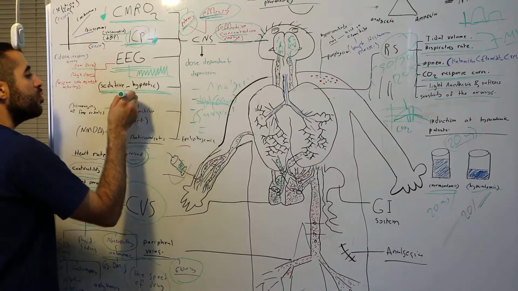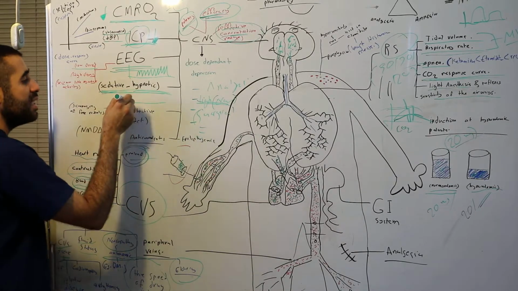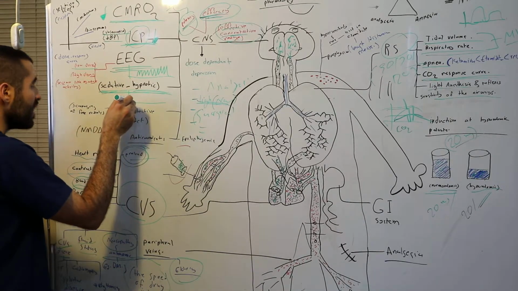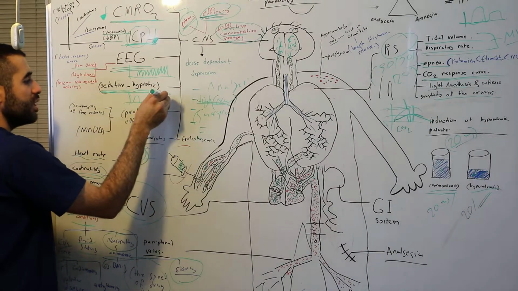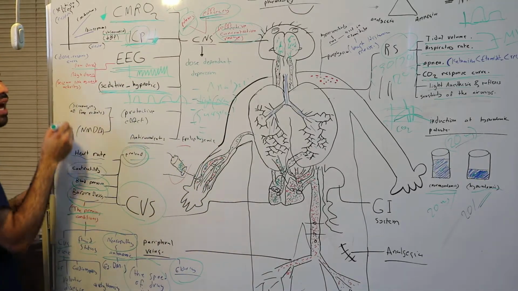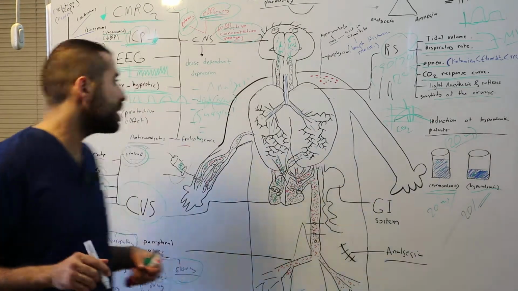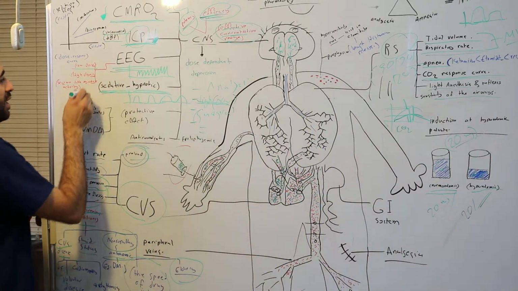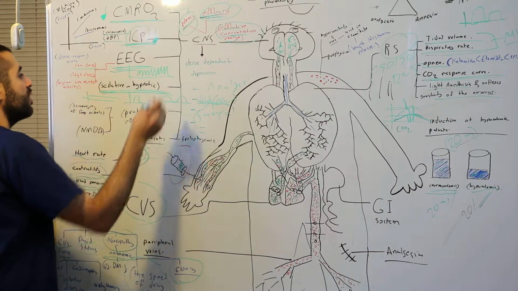But at high doses, after some time, you will have a decrease in frequency and an increase in the amplitude of the EEG. At very, very high doses, you will have an isoelectric EEG or burst suppression of the EEG when you give an IV anesthetic. Okay, so this is the effect on the EEG.